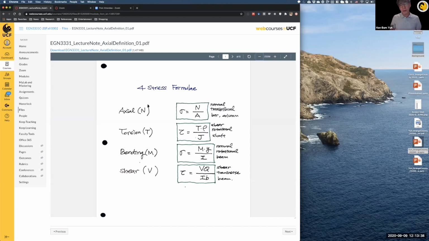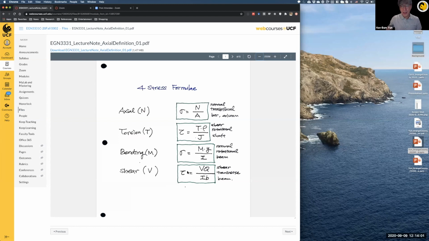So as you can see here, axial loads create normal stress. Torsion creates shear stress. Bending creates normal stress. Shear creates shear stress.